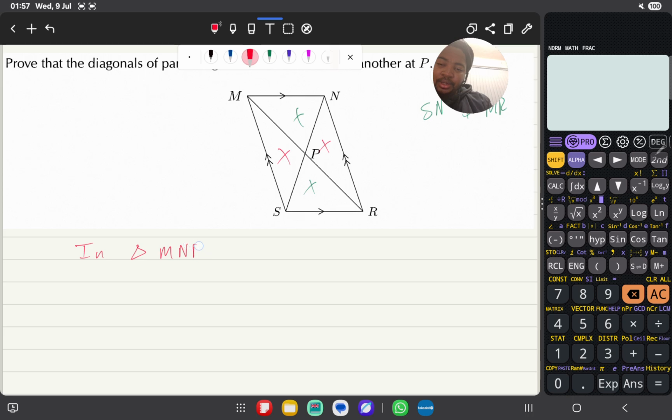I haven't done it yet, but this is how you properly prove congruence, with a proper methodology. These are proper steps. In the previous video, I just wanted to give you an idea, but now we're doing proper things.